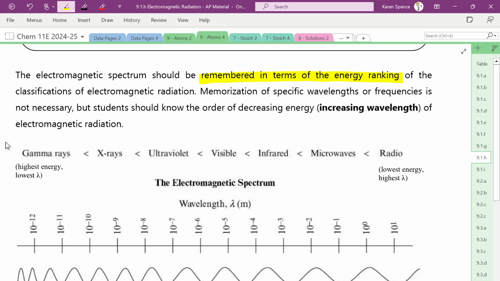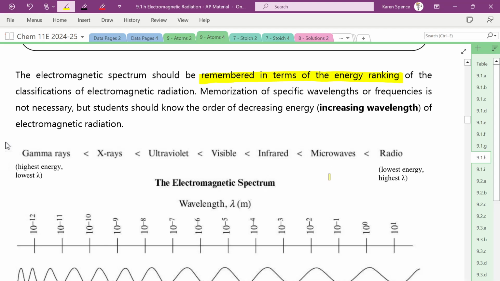Should you know that gamma rays and X-rays are higher than ultraviolet? I think so, that might be useful. Should you know anything below infrared? I don't think they're going to ask you anything below infrared.